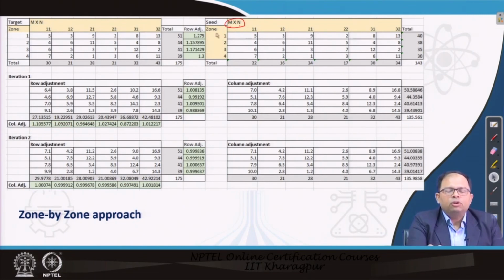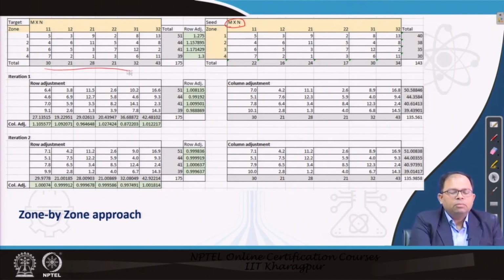Now as I told you, zone could also be taken as a particular category, same as the number of cars, or same as age group. So if I have the seed data for each of these zones, as I can see over here, using the same IPF procedure we can estimate total data in my target zone.